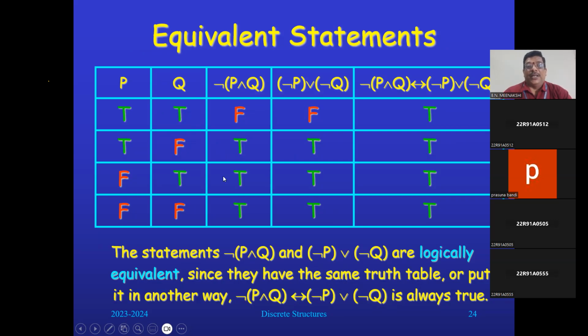Then false and true is again true. Then false and false, the negation is true.